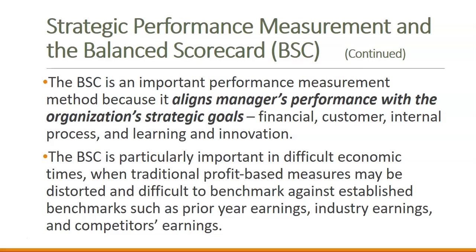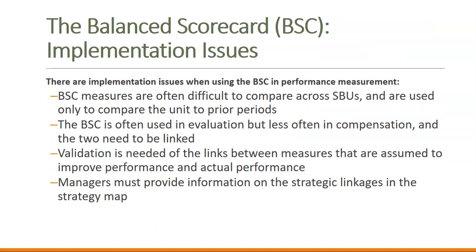So we're going to see some very interesting numbers coming out of 2020 for financial statement analysis. This is where measures other than just financial statement ratios will help us to evaluate managers' performance when we see dips in those earnings.